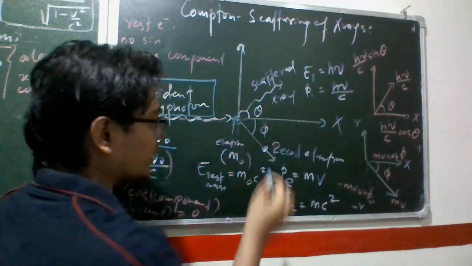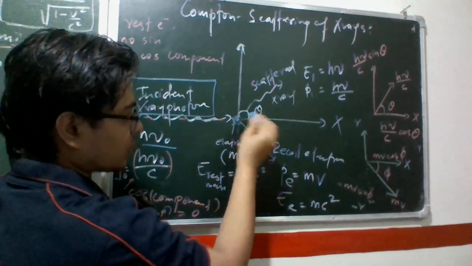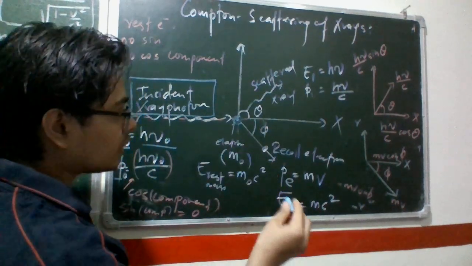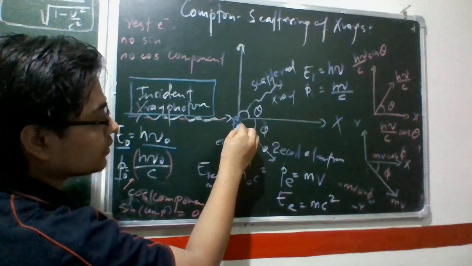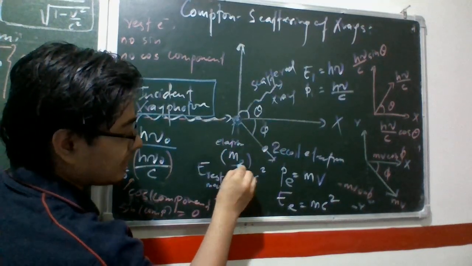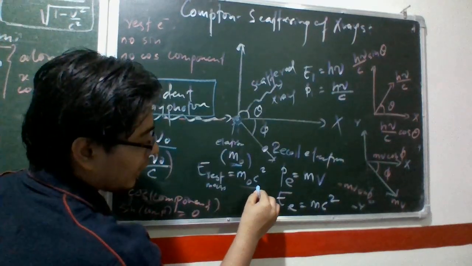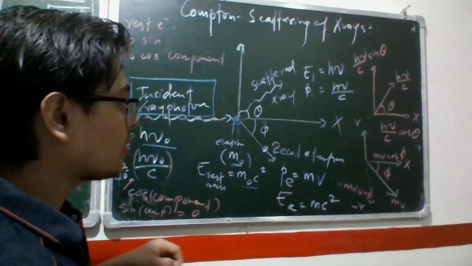We have an electron here, and before the X-ray hits this electron, it has a rest mass of m naught and a rest energy m naught c squared.